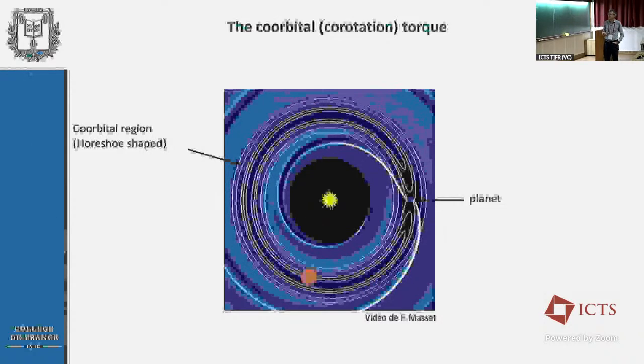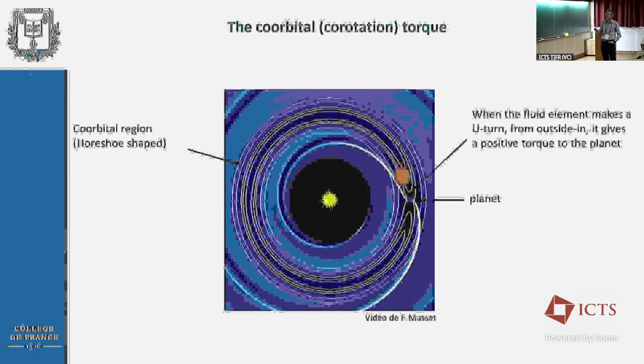And what happens is that these elements vibrate back and forth. When one element comes here, encounters the planet, and goes from the outer part of the horseshoe to the inside part of the horseshoe, doing this U-turn, it loses angular momentum, so it gives it to the planet, exerting a positive torque on the planet.